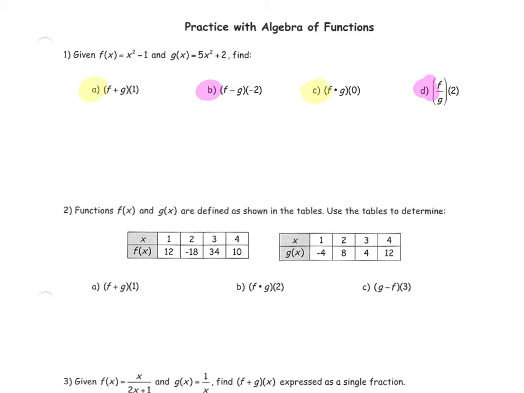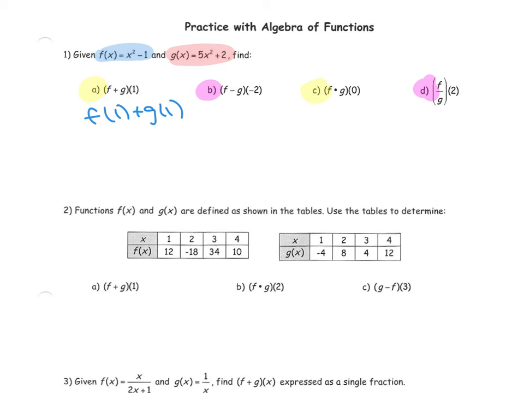For the first one, we have f of x and we have g of x. In this scenario, we want to add them where the input value is 1. So I'm going to rewrite this as f of 1 plus g of 1. They're the same thing.